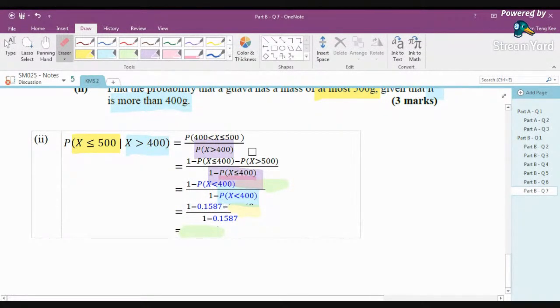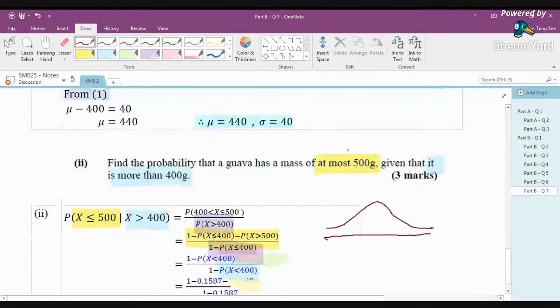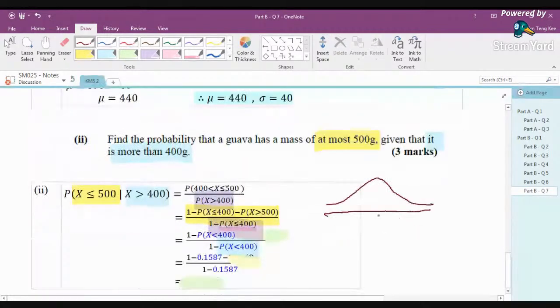And before we go on further, how I get my result just now on the numerator on top. Although this is not yet standardized, we notice that this is the case of the mean. And based on our calculation just now, we know that our mean, our mu, is 440.